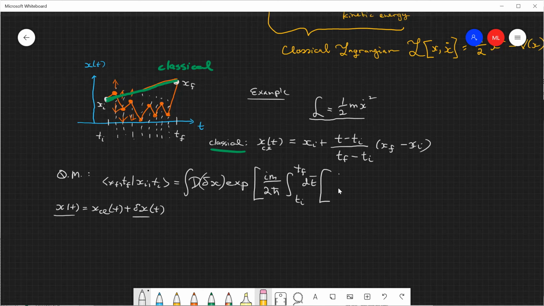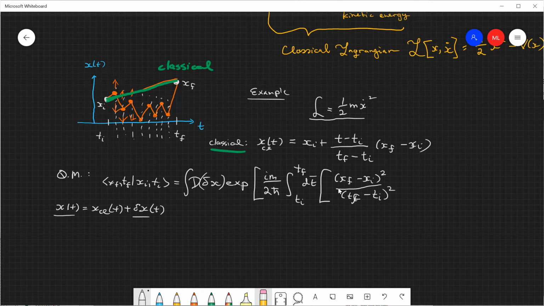That's going to be the velocity squared. Remember, the classical piece has just a constant velocity, and it has to be the difference between the positions divided by the difference in the times, squared.